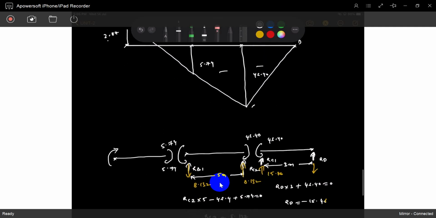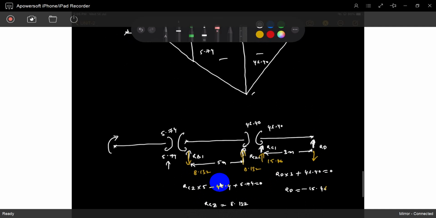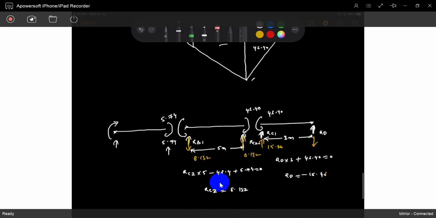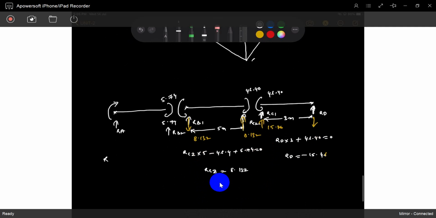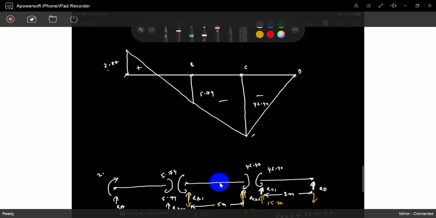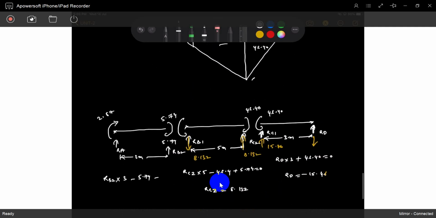What are the reactions? This is RB2, this is RA. Write RB2 multiplied by 3 meters minus 5.74 minus 2.87 equal to 0. What is that value?